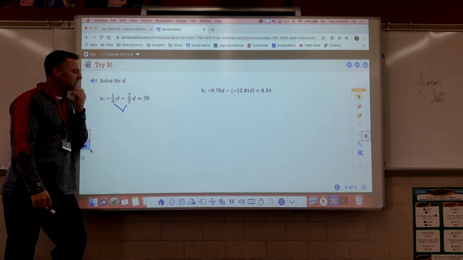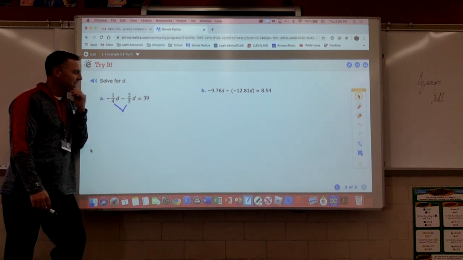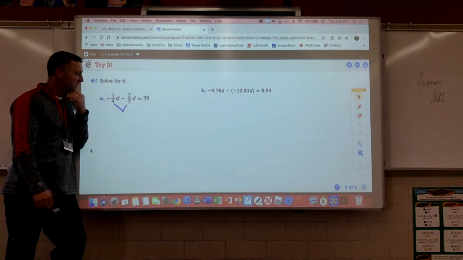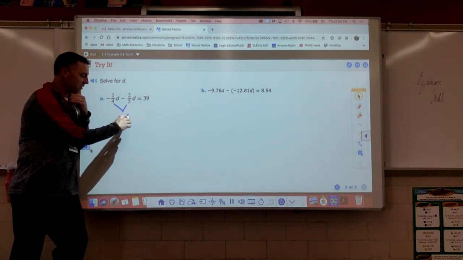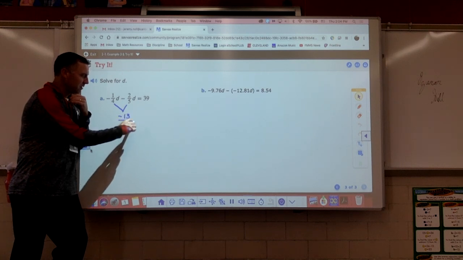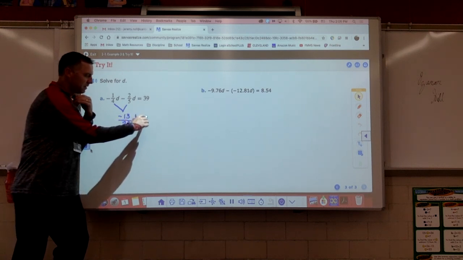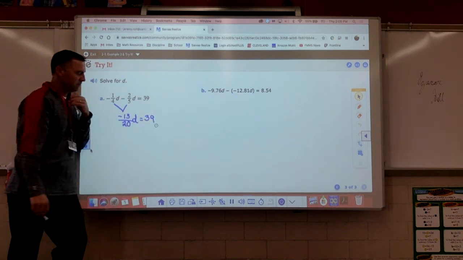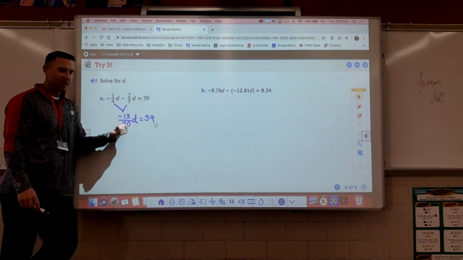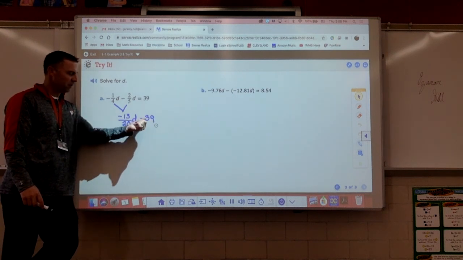Well, these would both have denominators of 20. This would be 5. That would be 8. This seems like it'd be a negative 13 over 20. So there's our fraction times our variable equal to our value.